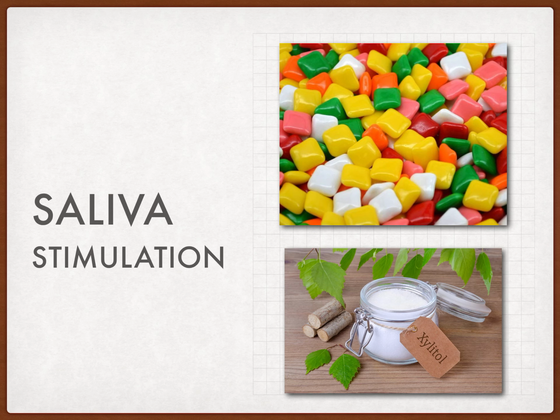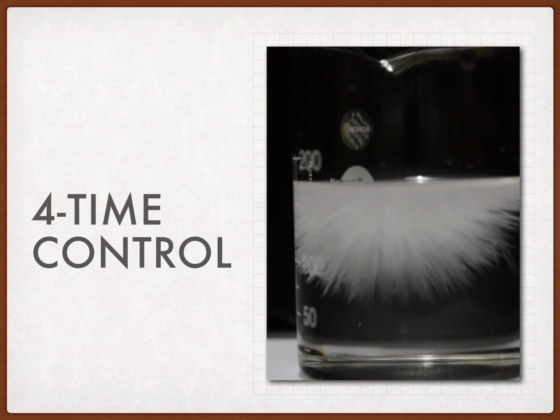Actually, they are not sugar-free, but they contain 5 carbon sugars, not 6 carbon sugars like sucrose, but instead they have a 5 carbon sugar, which is, for example, xylitol. Xylitol is a 5 carbon sugar which cannot be metabolized by the bacteria and will not produce acid, so that there will be no caries. These chewing gums have sugar, but a 5 carbon sugar.